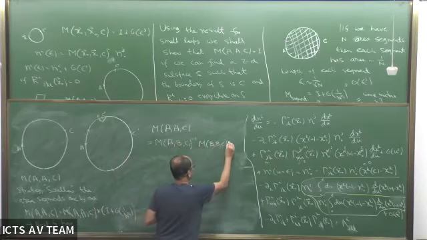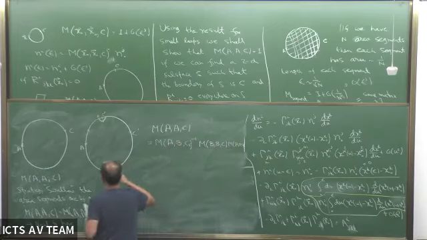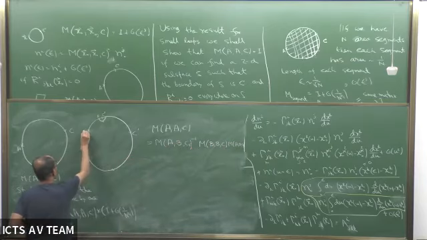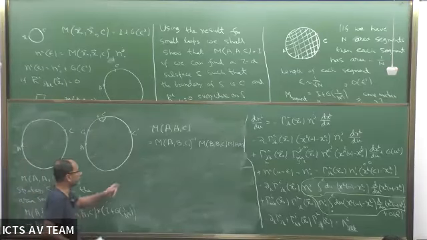Let me write M C1. This is the curve C1. This part is what I'm calling C1, that's A to B. You remember this relation?